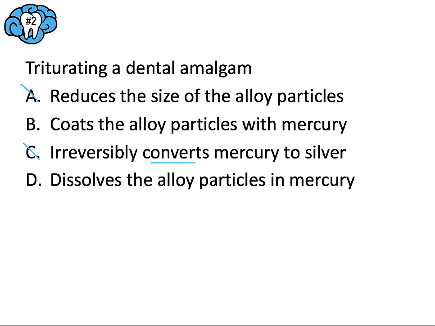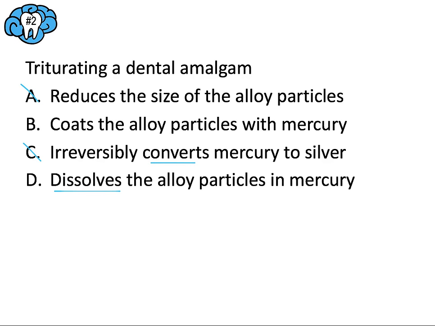So that one can't be correct either. And then for answer choice D, the problem is the word dissolves, because all of the particles are not dissolved in the mercury, because we actually have several different reaction products, including the gamma phase, which is unreacted silver tin alloy particles that don't contact the mercury at all.